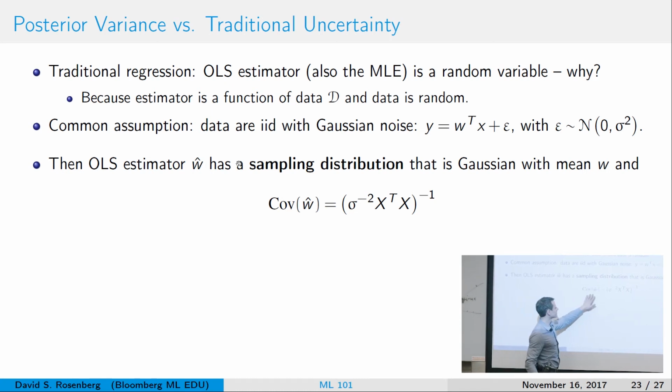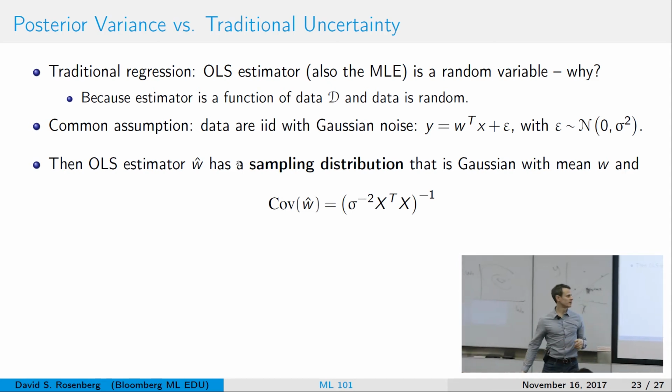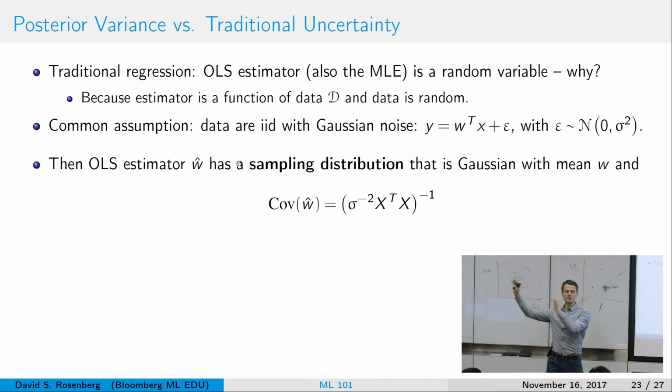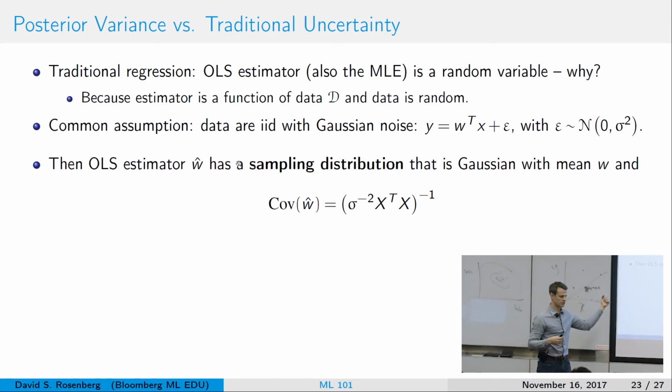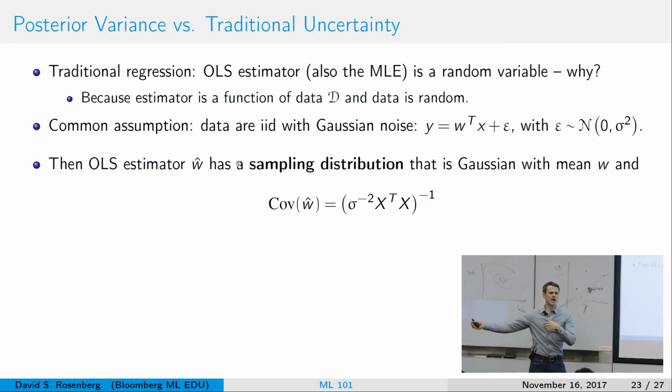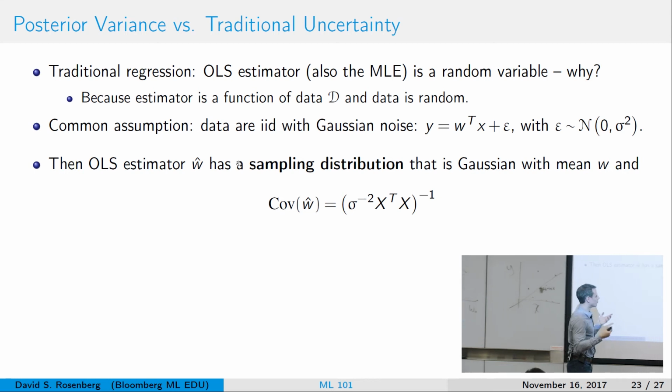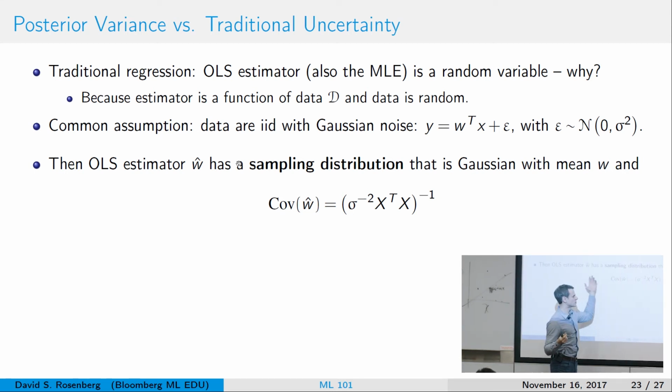And the covariance of W hat has this form. The interpretation is that we have some data generating distribution. We take a draw from it and estimate W with a W hat. If we took another draw, we get another W hat. Each of these draws is a draw from a Gaussian distribution with mean W and this covariance matrix.